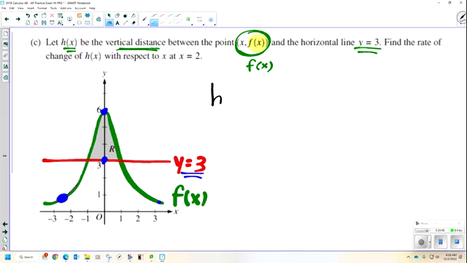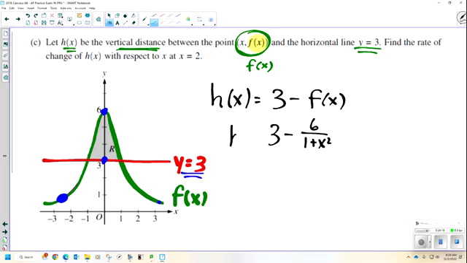So h of x is going to be 3 minus wherever the f of x point is. And based on what they gave us earlier in the very first part for A, that's 6 over 1 plus x squared. That's h of x. That's the first thing that you need to be able to set up.